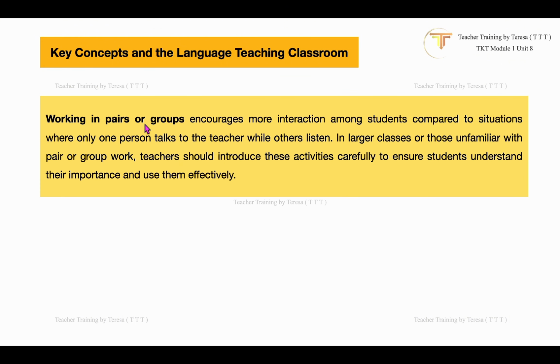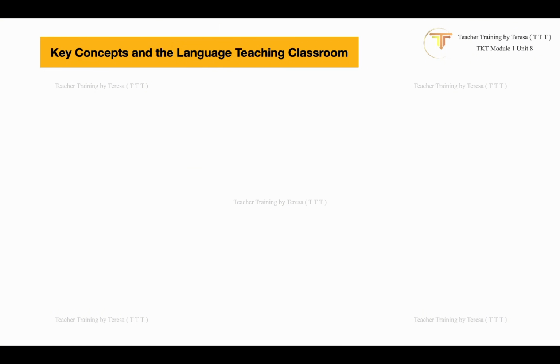Working in pairs or groups encourages more interaction among students, compared to situations where only one person talks to the teacher while others listen. In larger classes, or those unfamiliar with pair or group work, teachers should introduce these activities carefully, to ensure students understand their importance and use them effectively.